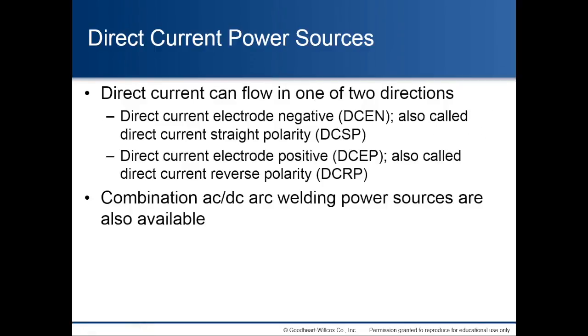Direct current can flow in one of two directions: direct current electrode negative, also called direct current straight polarity, or direct current electrode positive, also called direct current reverse polarity. Combination alternating current and direct current arc welding power sources are also available.